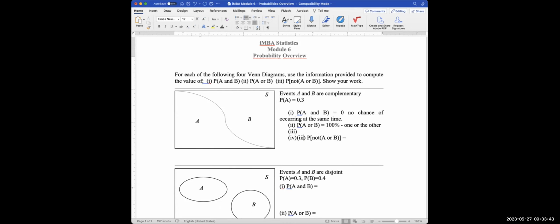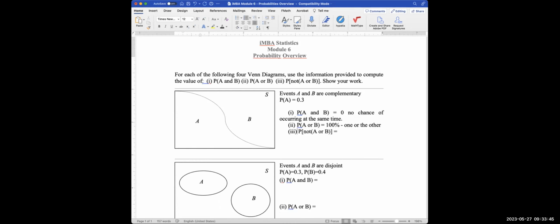And what about neither of them? What's the chance that neither it rains nor doesn't rain happens? It would be 0 also, right? It will be 0 because one of them has to happen.